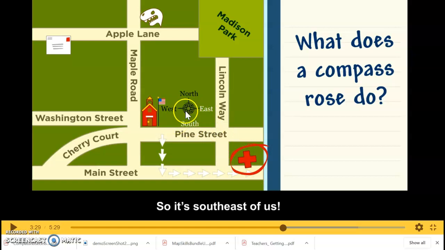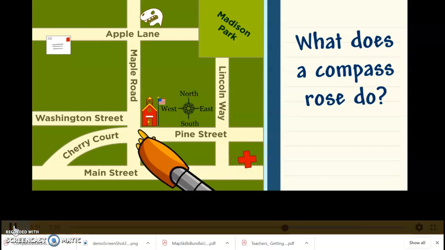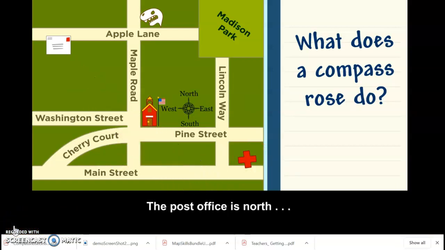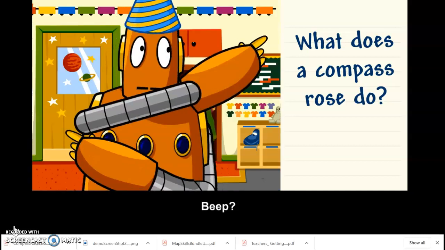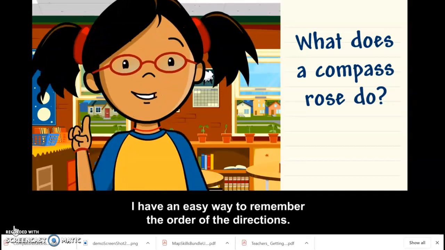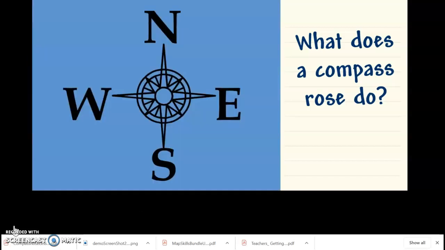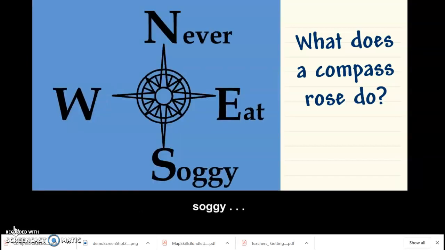So first, you would look at your compass rose and know you're going south. And if we go this way, that's east on our compass rose, so we would be traveling southeast. The post office is north and west, so it's northwest of us. I have an easy way to remember the order of the directions. Never eat soggy waffles.